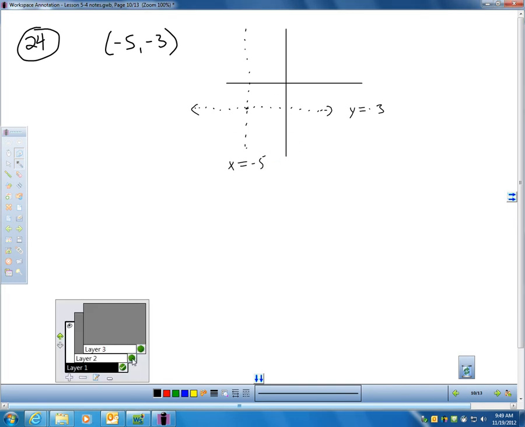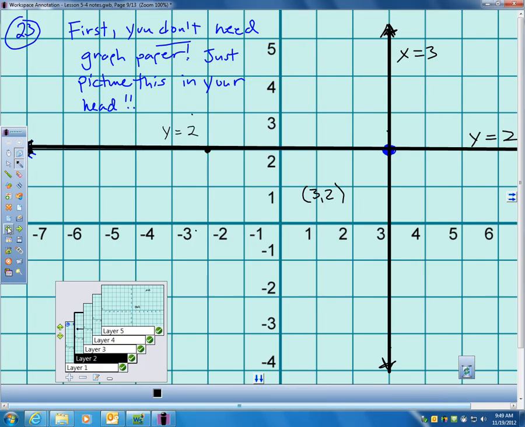I'm just thinking it in my head. I got x equals negative 5 is the vertical line. The horizontal line is y equals negative 3. Okay? So that's the third major task I had to show you.